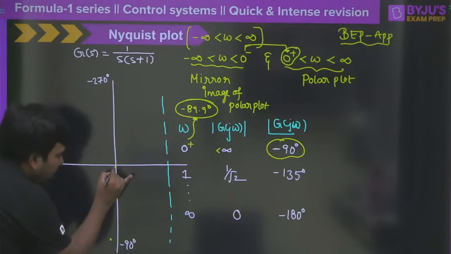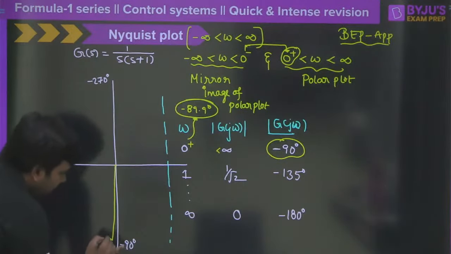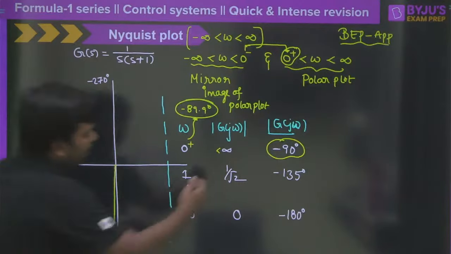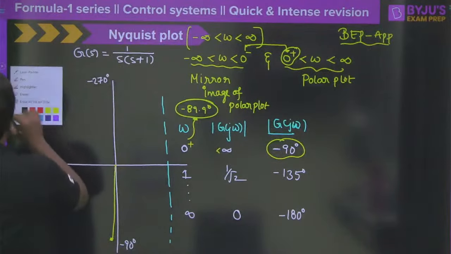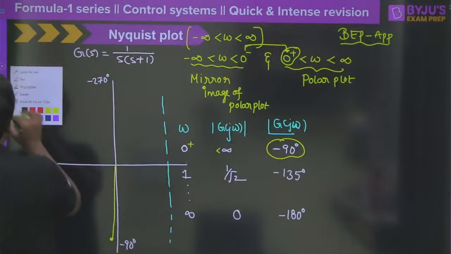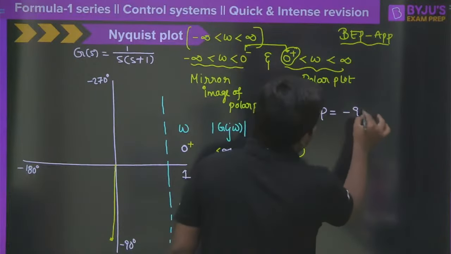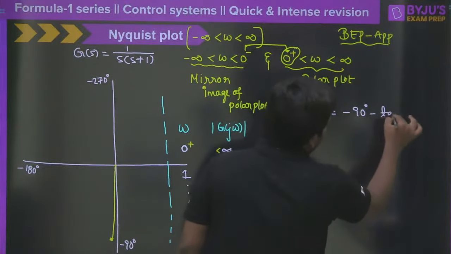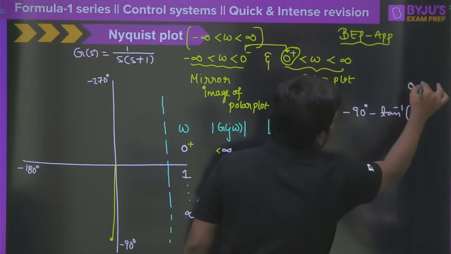So I am not going to keep it exactly on minus 90. Sorry, it is just more than minus 90 degrees. I am extremely sorry, because I hope you remember the phase of the system here is minus 90 degrees minus tan inverse of omega, right? So substitute omega equal to 0.01.